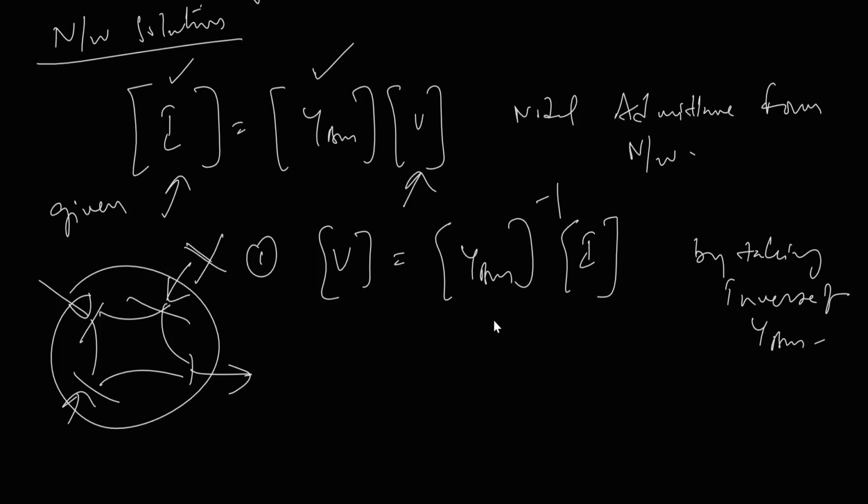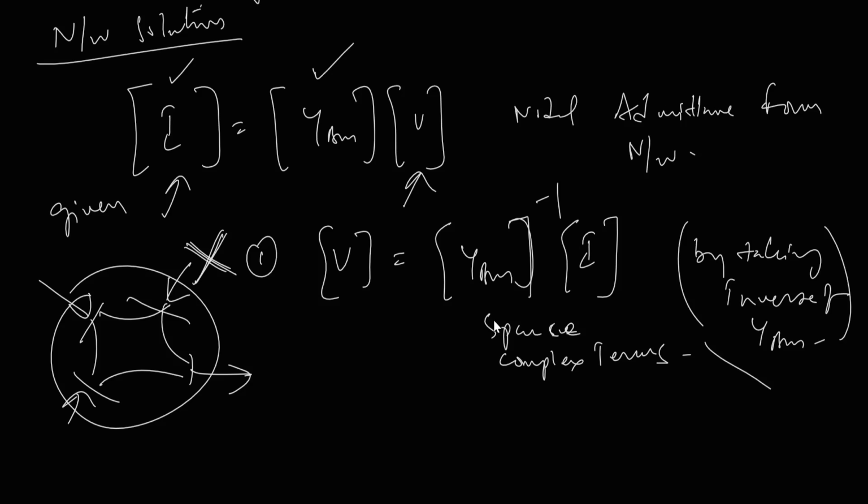But this method is not at all preferred, because the Y matrix is so sparse in nature, and it has complex entries. So taking the inverse is very difficult, because some diagonal elements may sometimes become 0, right? So it is very difficult.